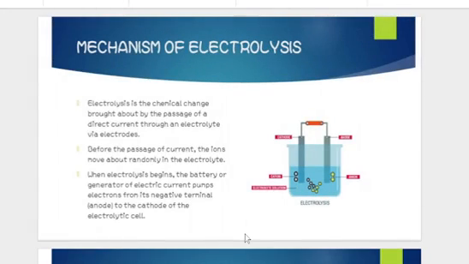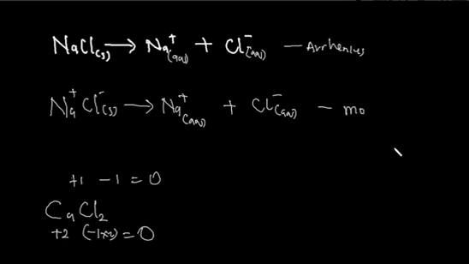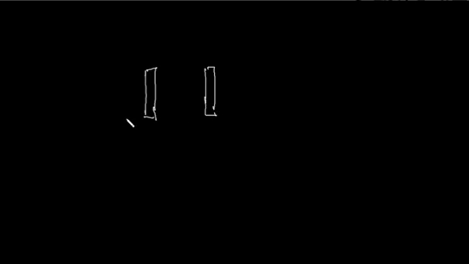Moving ahead. Now, how exactly does electrolysis take place? Before you write, I'll describe it. It's a very simple process. So listen. Now, if you have an electrolytic setup, you have the rods.